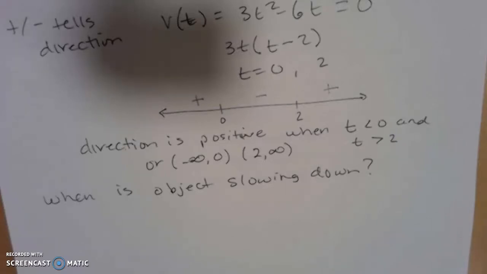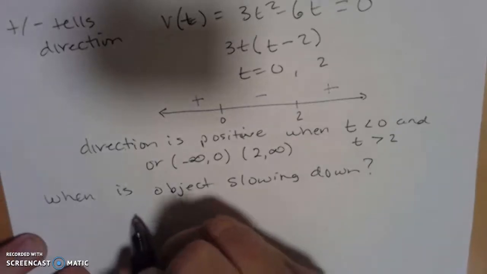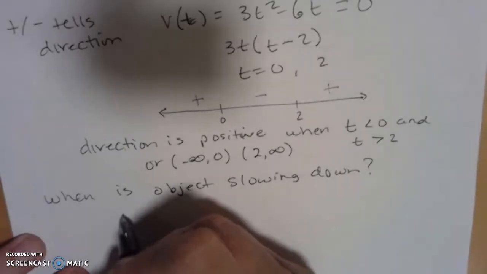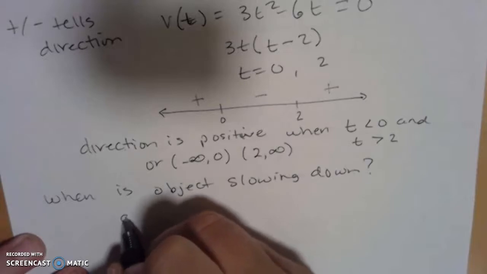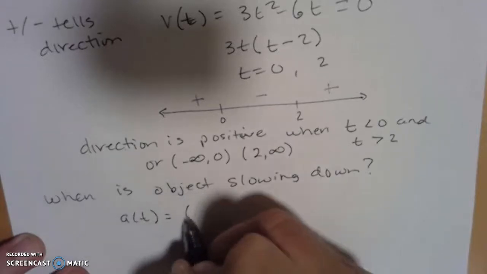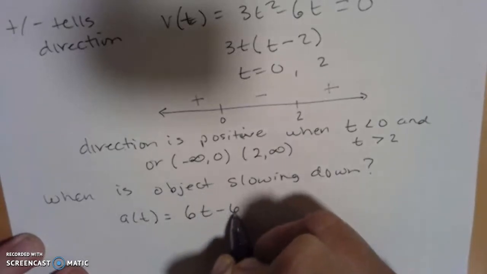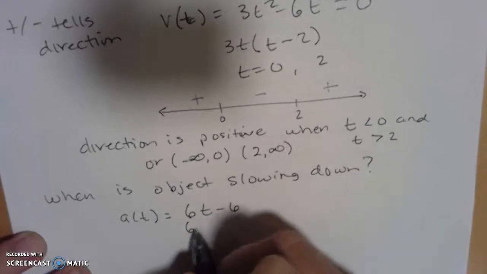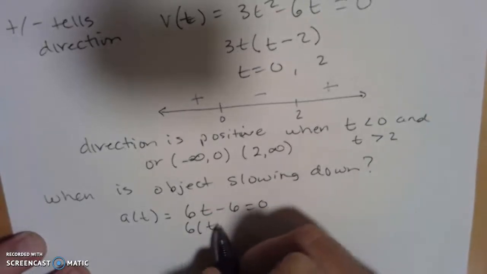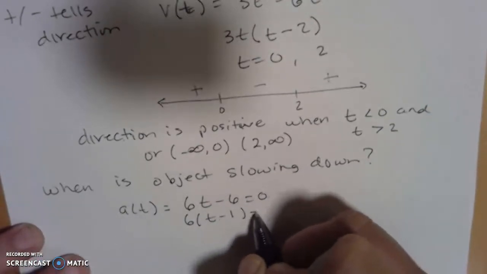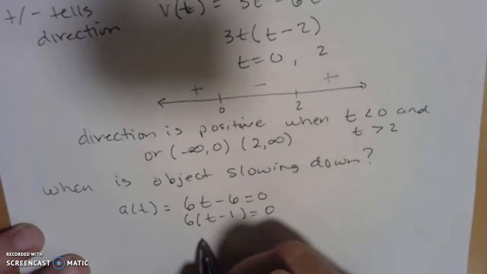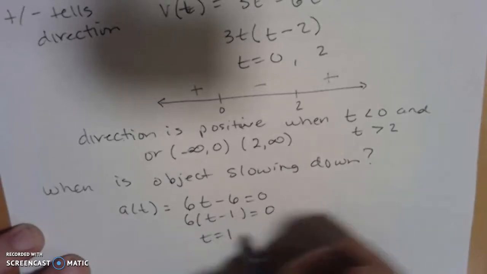Acceleration is either going faster or going slower. Well, what I'm going to do here is find out what a sub t is. That equation we found above was 6t minus 6. Let's factor that one, or set that equal to 0. t minus 1 equals 0, so that happens when t equals 1.